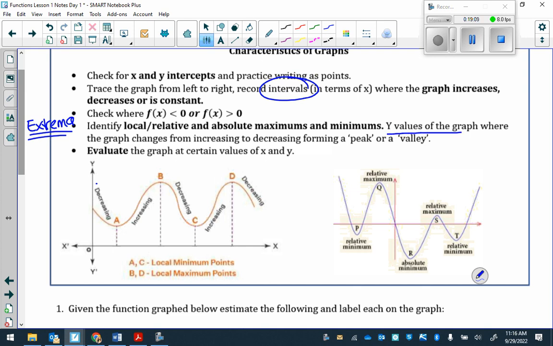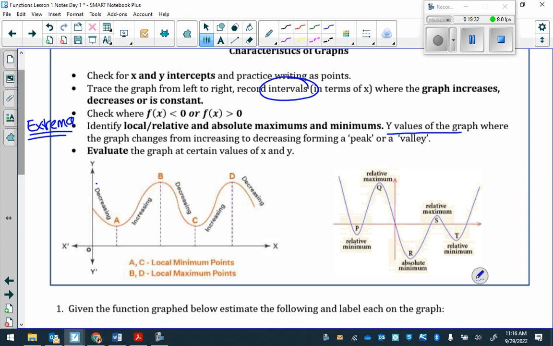So you could have a relative min and an absolute min, like you see here. Same thing with the maximum. Maximums and mins, you could have multiple, so you're just listing the y values, and we'll see that in a little bit. Increasing and decreasing, you're reading from left to right.